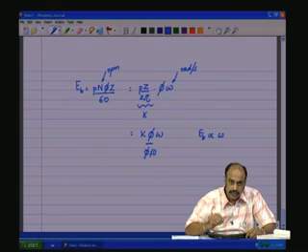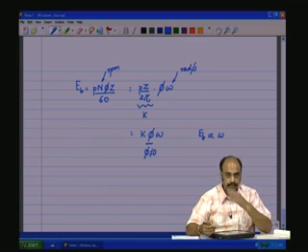When omega is equal to 0, the induced EMF is 0. If the flux is brought to 0, what happens?